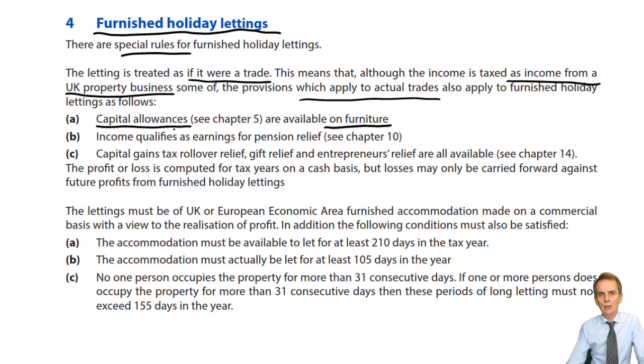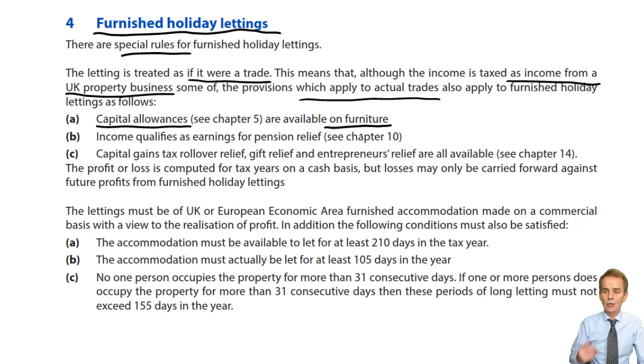It represents the way in which HMRC give taxation relief to capital expenditure incurred on what they would refer to in chapter 5 as qualifying plant and machinery. And the furniture here is looked upon, in the context of this furnished holiday letting trade, as plant and machinery. Therefore, we get capital allowances.